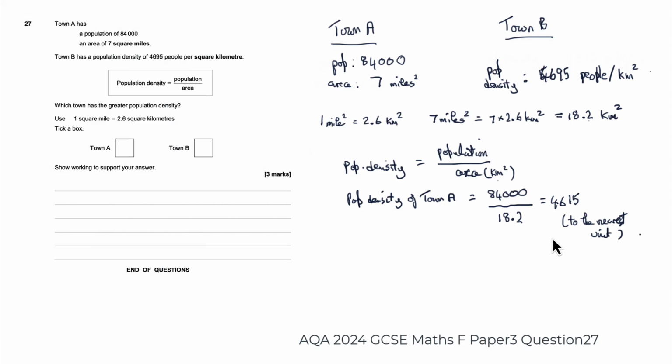So, which town has the greatest population density? So we've got a density of 4,695 for town B, 4,615 for town A. Town B has the greater density. Town B has the greater density.